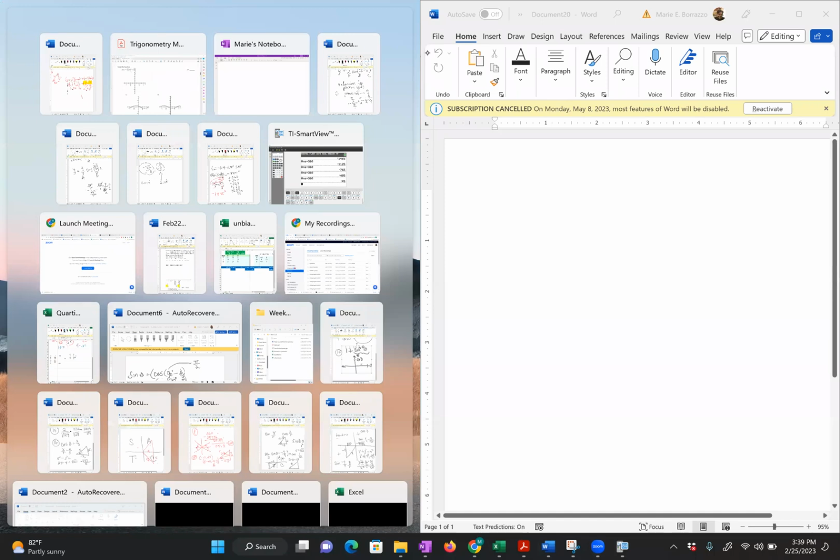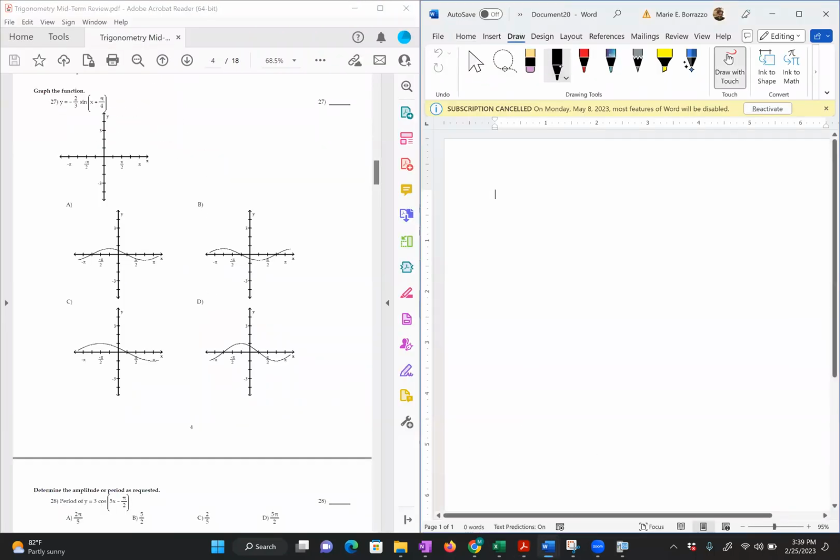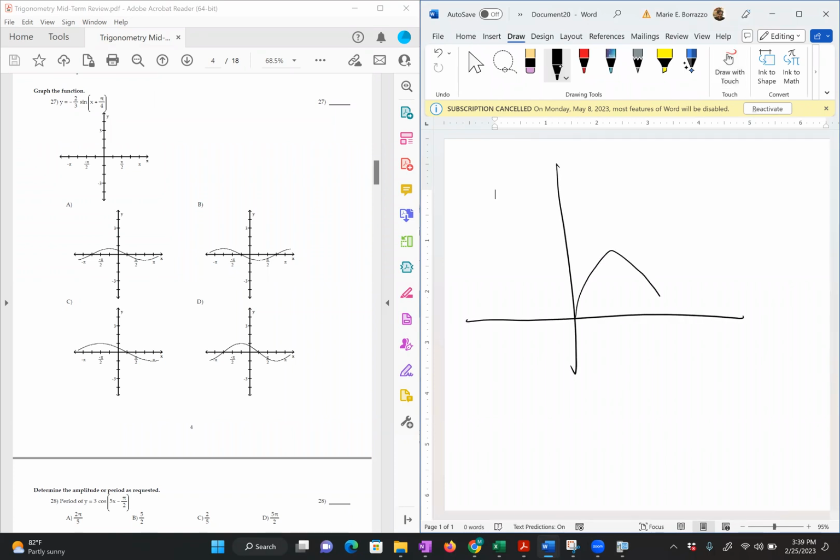So a typical drawing of sine would do this kind of behavior, right? That's a positive sine. We don't have a positive sine, we have a negative. So first of all, it's going to come down this way and come back up. The other thing you need to consider is that it doesn't start at 0, 0. It moves over pi over 4.